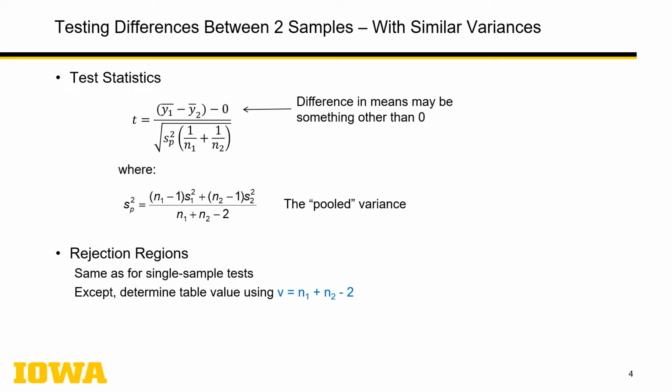Now the test statistic, again we have to boil all this down to a value that we can compare to the rejection region. Same exact scenario. Now the test statistic is a bit more sophisticated because you have to put in this difference between the two means, and you can see the standard error equation is also more sophisticated because it needs to incorporate both samples, and they may have different sample sizes, N1 and N2.